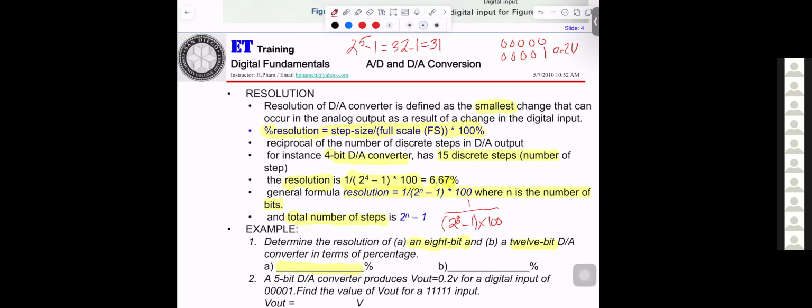So now when you get 1, 1, 1, 1, 1, what's the number? That will be 16, 8, 4, 2, 1. I think 31. And you multiply by 0.2 volt, then you get the answer.